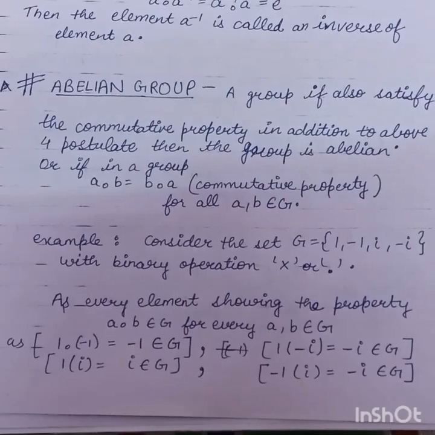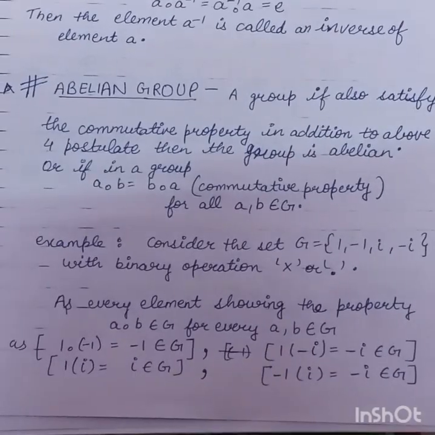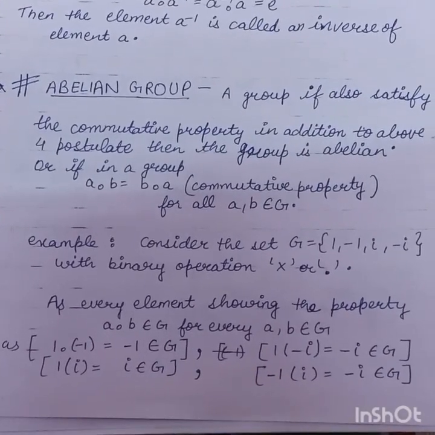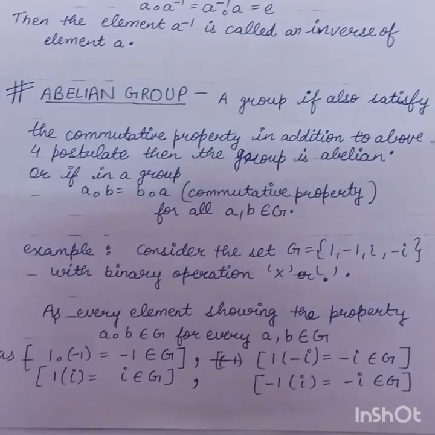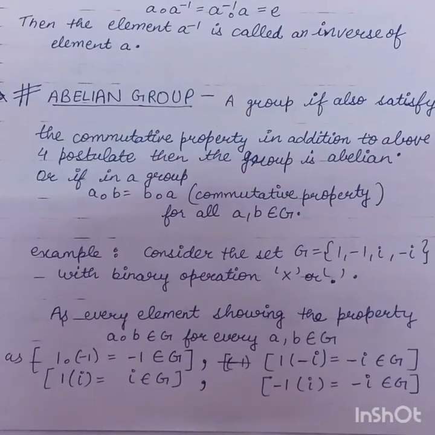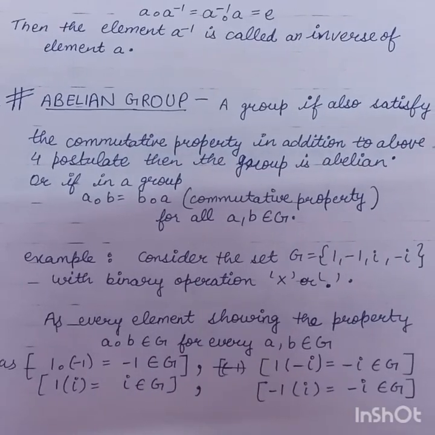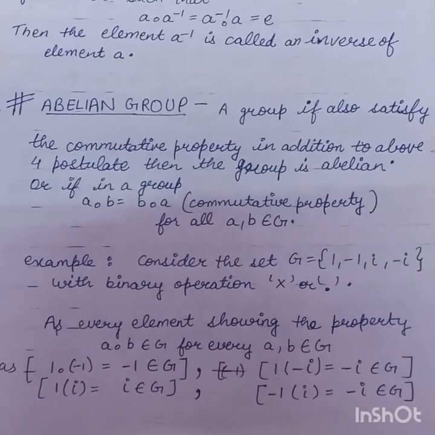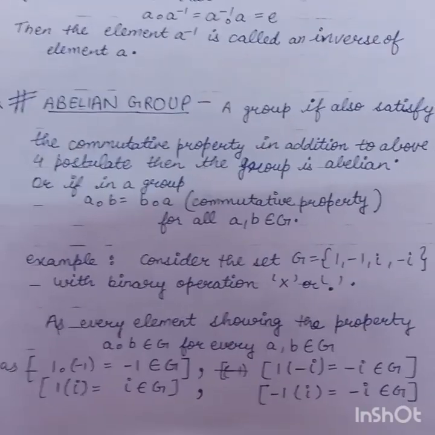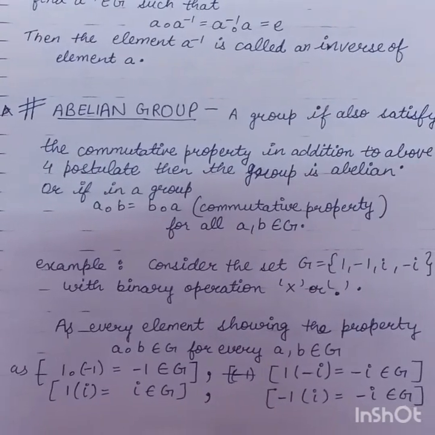If we multiply any two elements of the given set and get an element from the same set, then the closure property is satisfied.